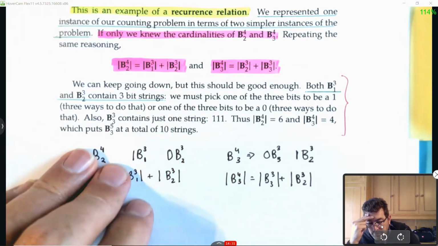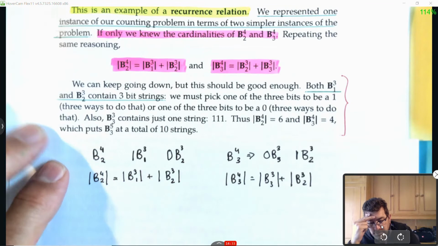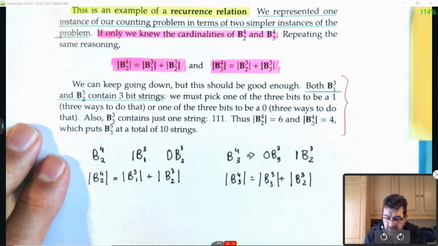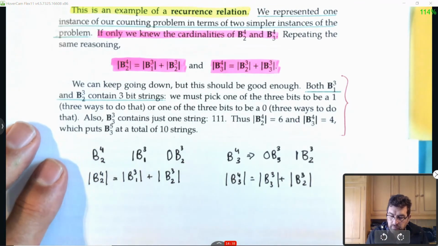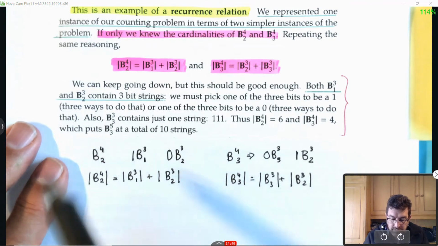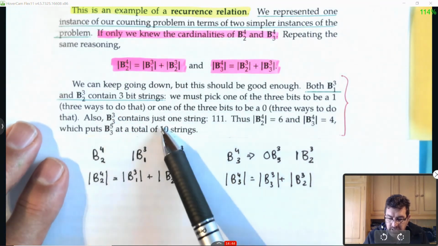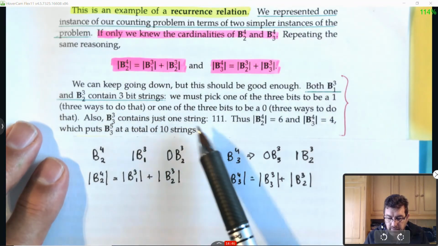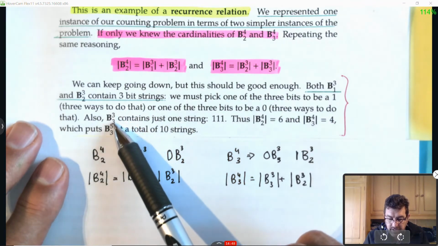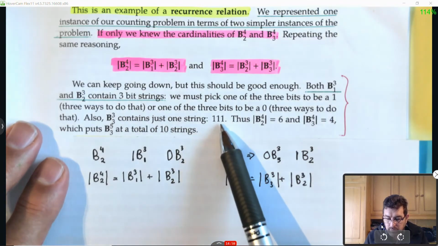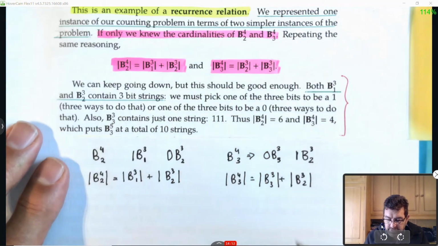Or one of the 3 bits to be a 0, and there's 3 ways to do that. Also, B3,3 contains just 1 string. It must have a length of 3 and a weight of 3, so it can only be 1, 1, 1. So this has a cardinality of 1.